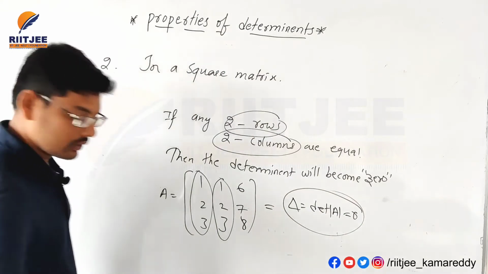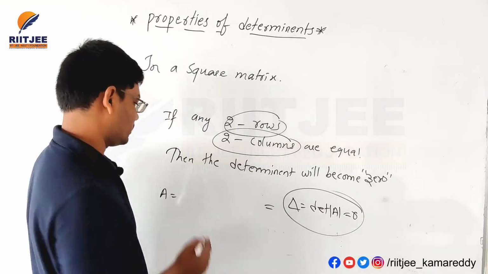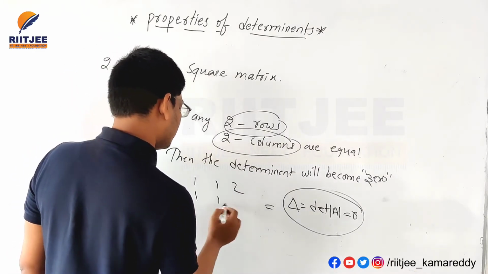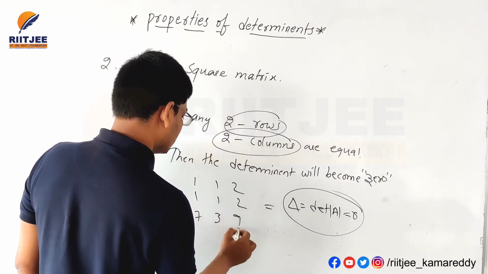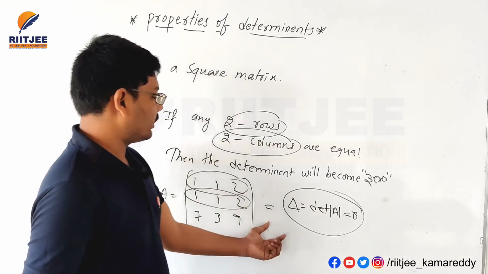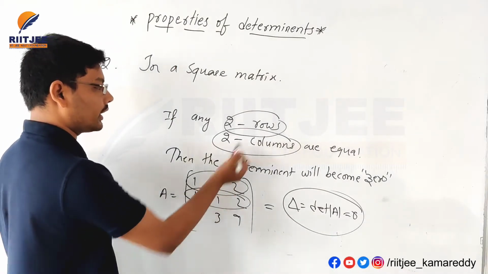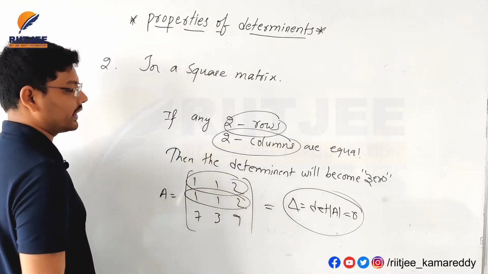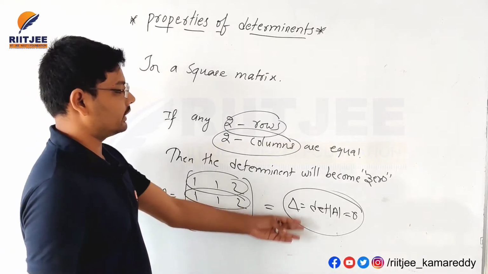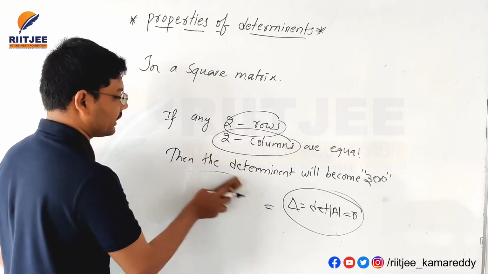For one more example, 1, 1, 2 and 1, 1, 2, 7, 3, 9. Here two rows are equal, so the determinant will become 0. This is property number 2 and the most important property.